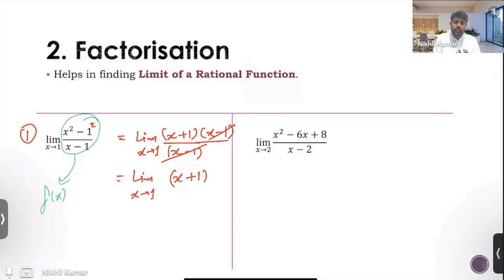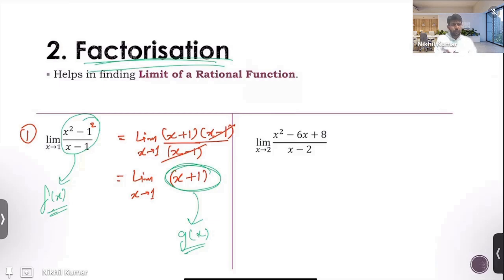And we simplified it using factorization, and we represented it as another function g of x. Now I'll show you why f of x is not exactly the same as g of x. We'll talk about that. But for now, f of x is very much similar to g of x. It will help us find out the limit.